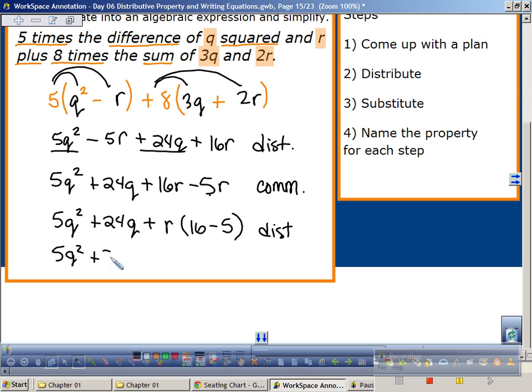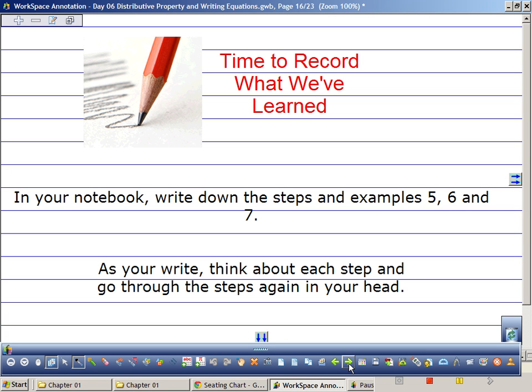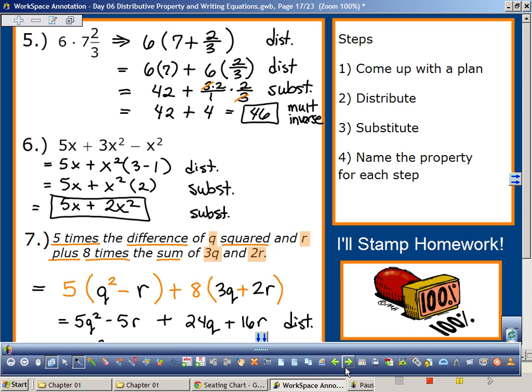Okay, 5q squared plus 24q plus, how many r's do we have? 16 minus 5 is 11 r's. What property is that? Substitution. Good job, guys. Go ahead and copy these down into your notes. Think about what you do as you copy the notes down.